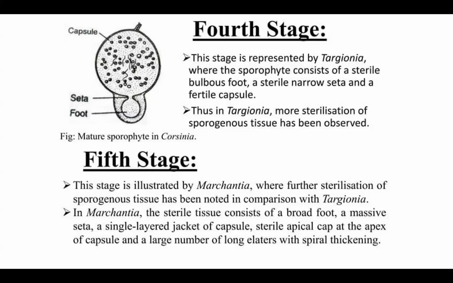Then the fifth stage, this is seen in Marchantia, where further sterilization of sporogenous tissue is seen when compared to Torchinia.